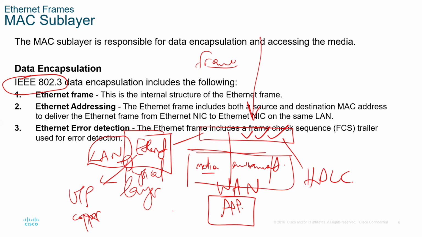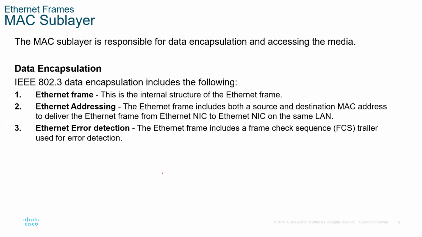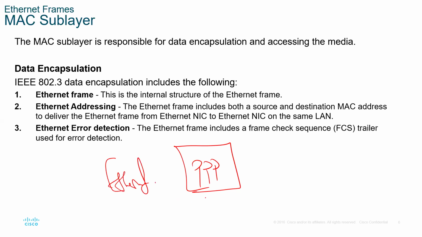So if it is different, here in this module, we start looking at Ethernet. If we have PPP, we have a frame which is different. If it is Ethernet, we have a frame which is different. If we have any other protocol, that frame will be different.